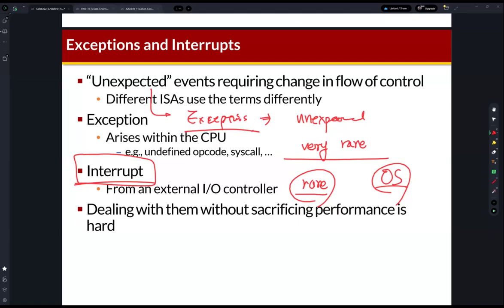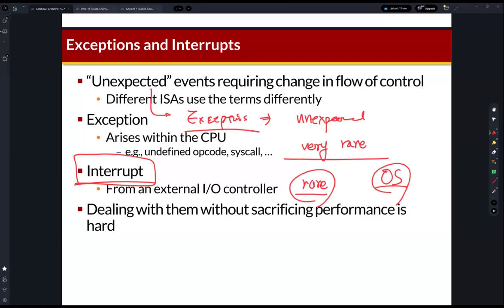If we click the mouse button or the keyboard, this event is given to the CPU, and the CPU raises an interrupt signal. Then the operating system has this interrupt handler, which is software, and the interrupt handler handles this event.